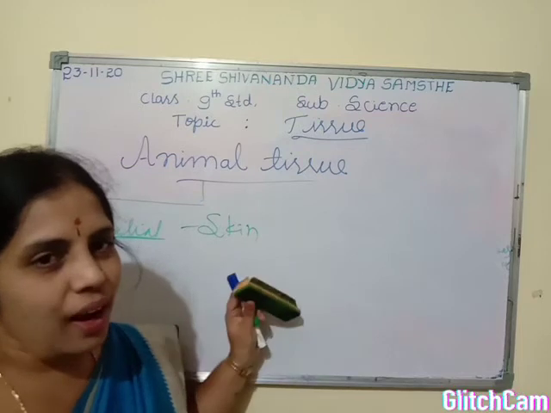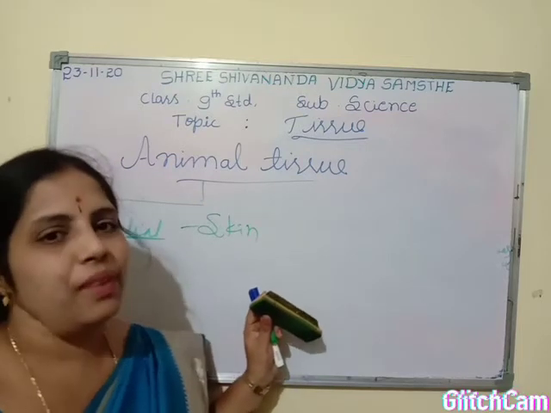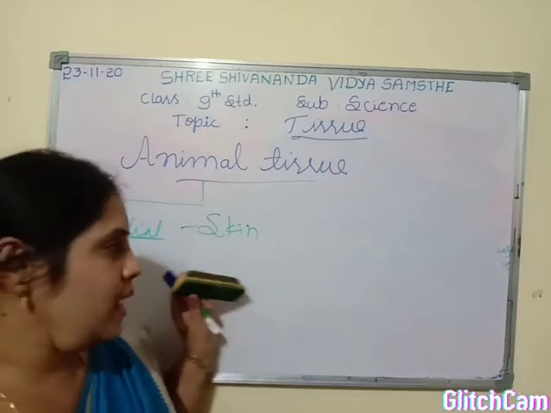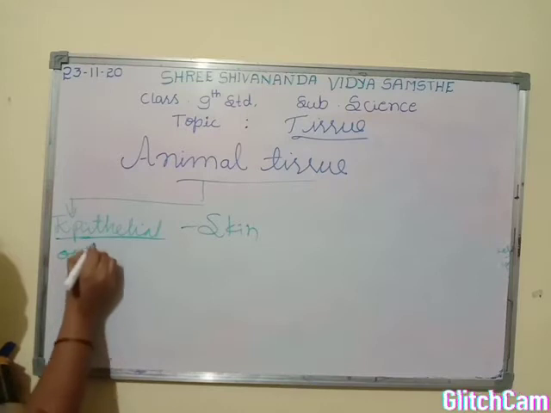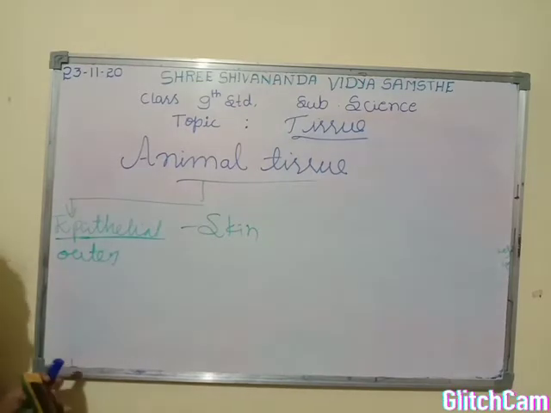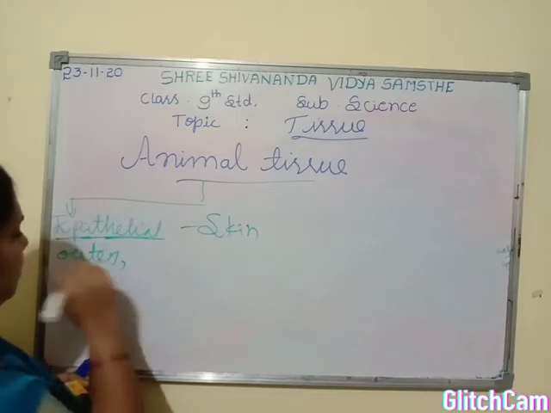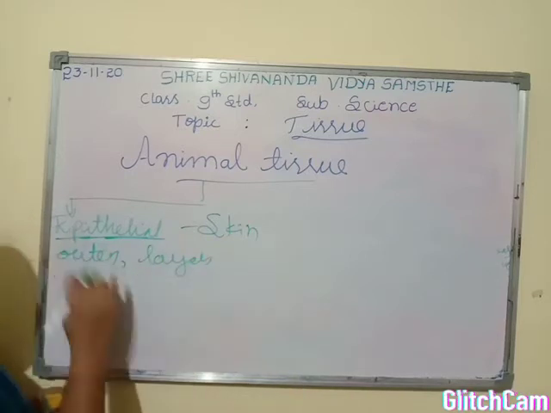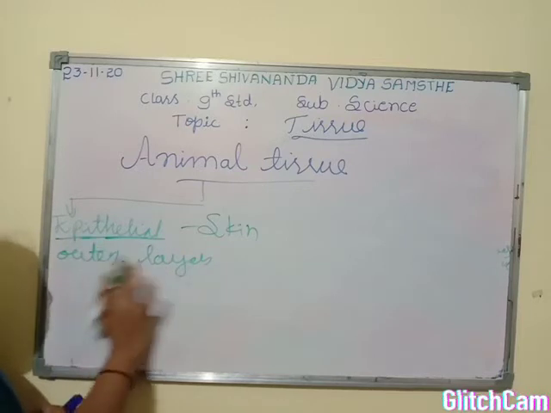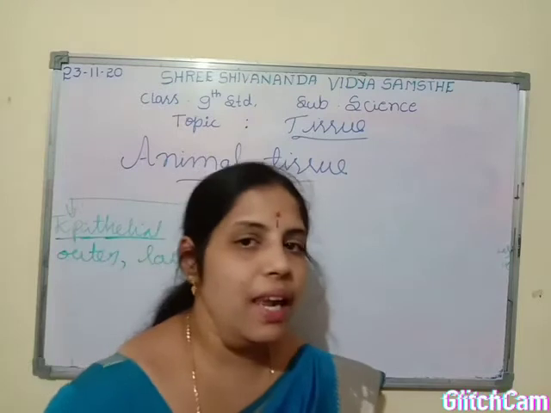Both are the outer covering of the body. The outer layer of the body is known as epithelial. Here epi means outer and thelial means layer. So the outer layer of the skin is known as epithelial tissue.